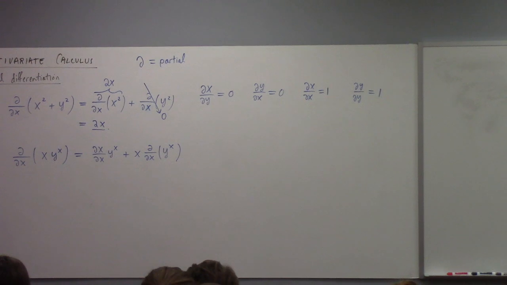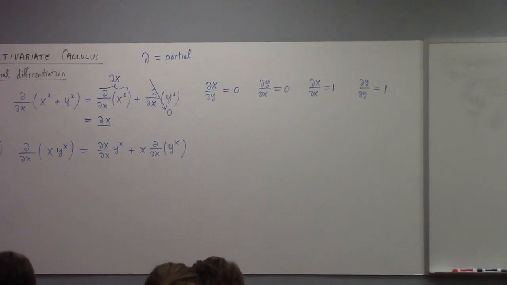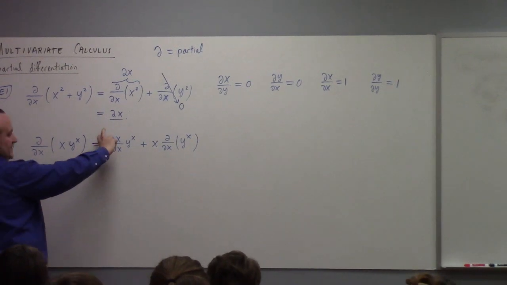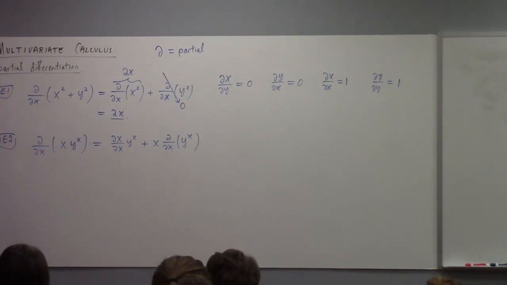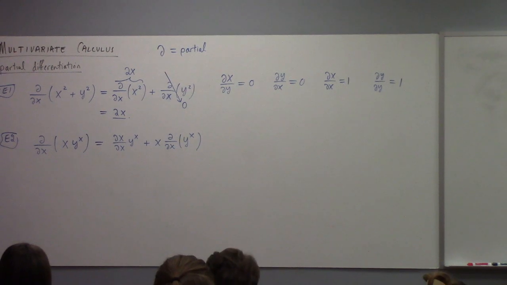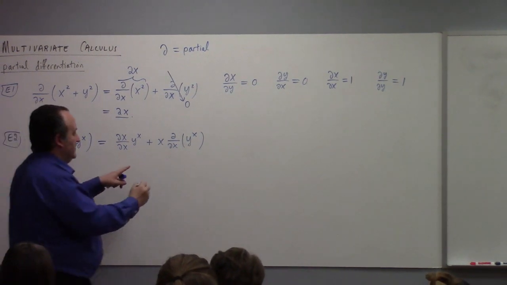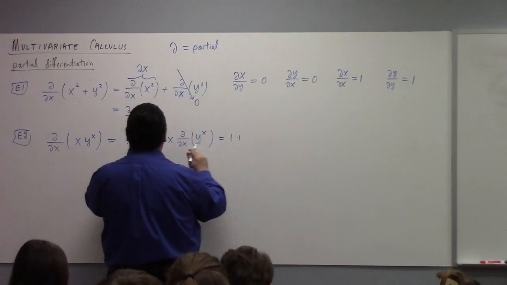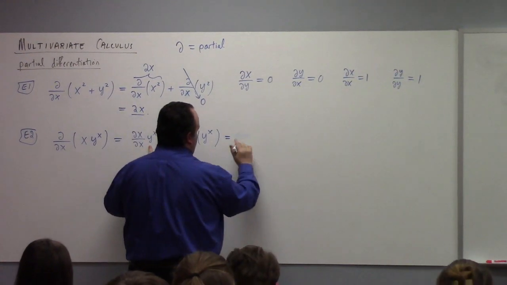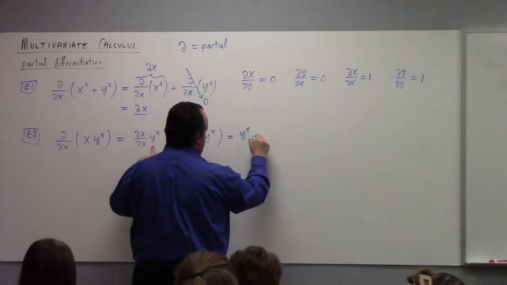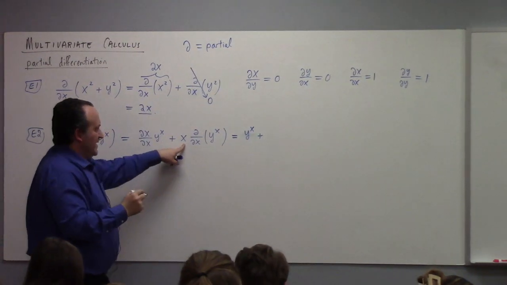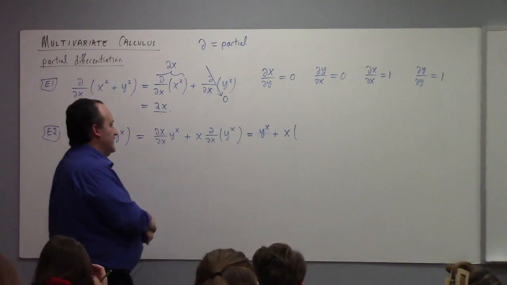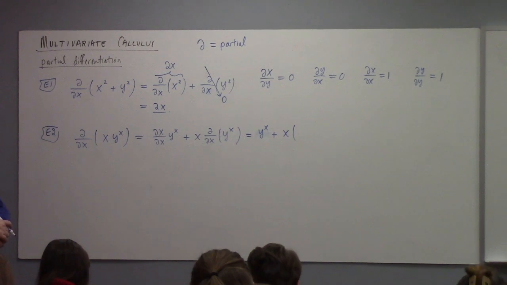How does that simplify? Partial x of x is just 1, right? So what we get here is 1 times y to the x, so my first term is y to the power x, plus x times what? What is the derivative of y to the x?